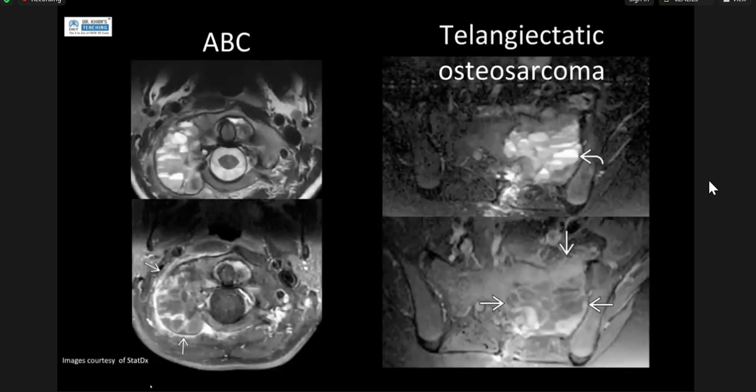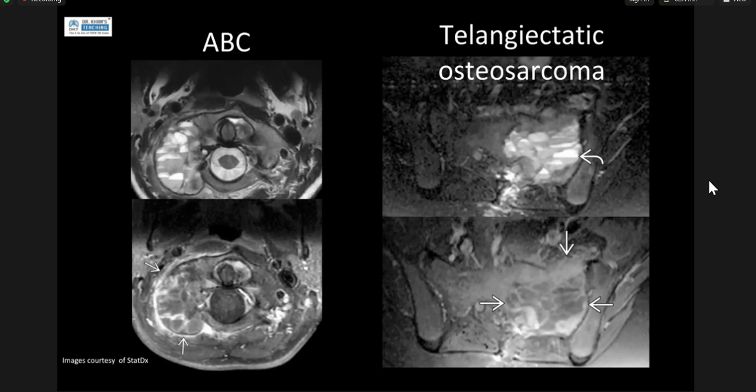So an example here. When trying to differentiate between the ABC and the telangiectatic osteosarcoma, we've got the ABC at the top left, and the telangiectatic osteosarcoma on the right-hand side. And you can see how ill-defined those margins are.